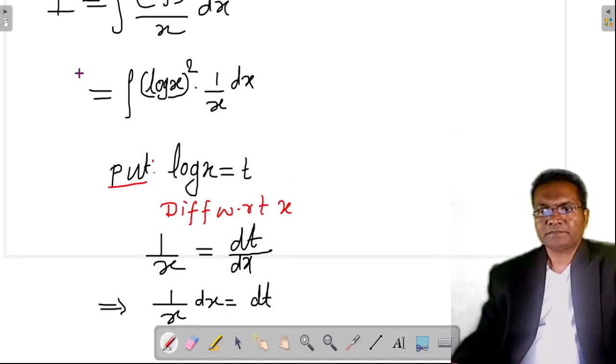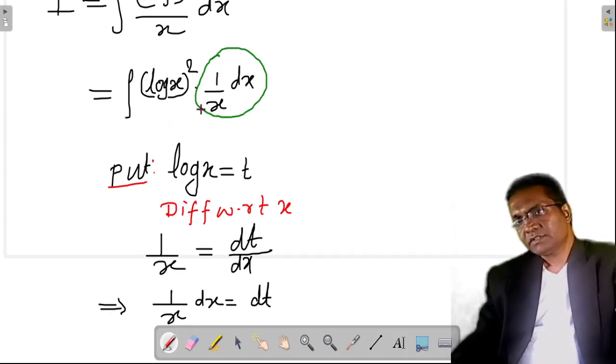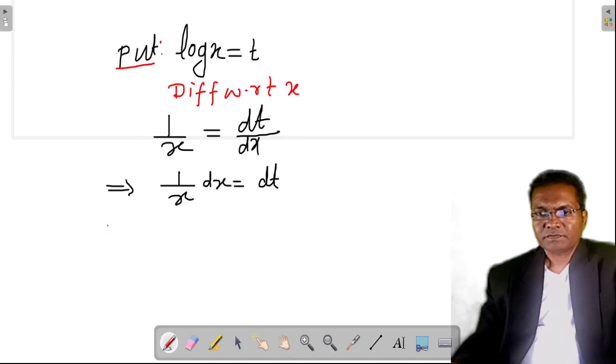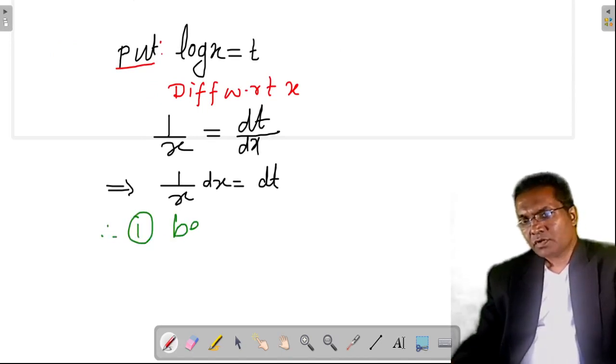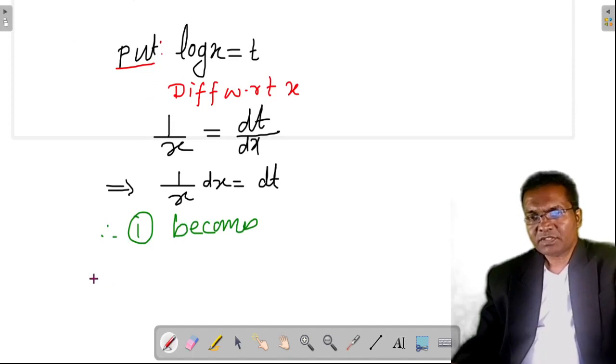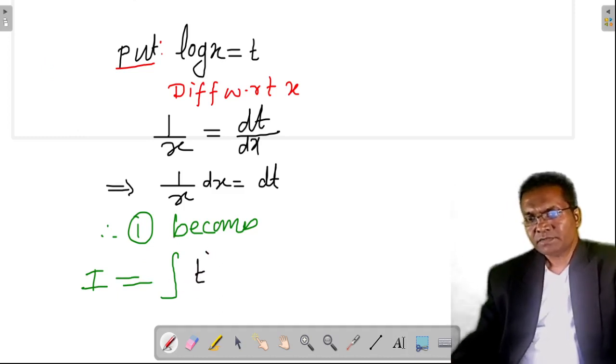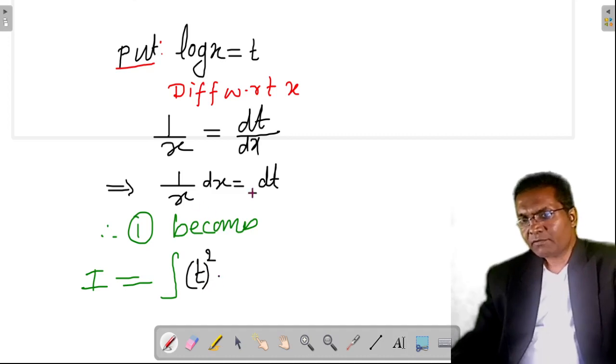Now see here, we have this 1 by x dx, which you replace with dt, and log x as t. So your I becomes the integration of log x whole square, which with log x taken as t is t square, and 1 by x dx is dt.